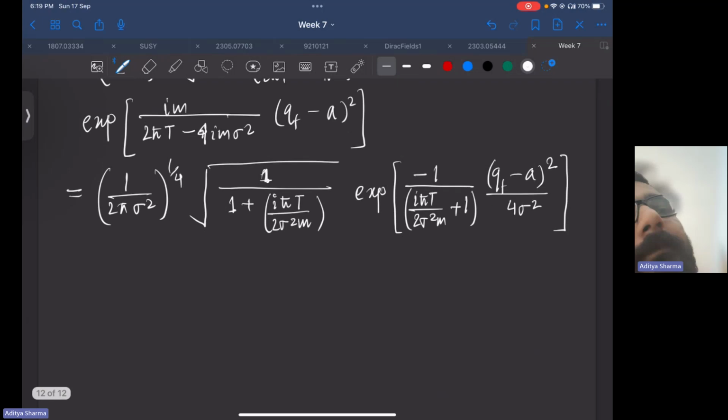Now we are interested in the quantity mod square of psi of q, t.